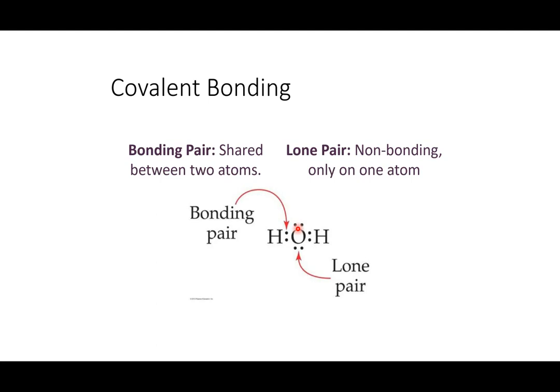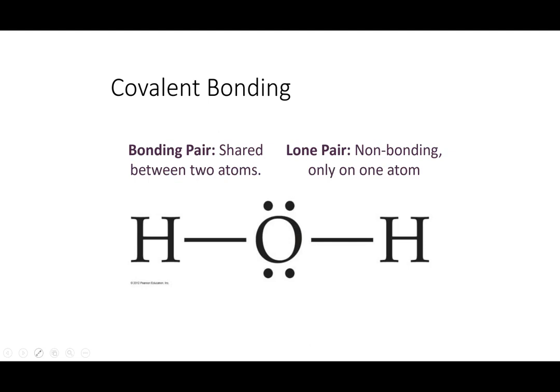We are lazy chemists, right? So very often, instead of drawing bonding pairs as dots, you will see chemists draw bonding pairs as lines. This line right here represents 2 electrons that are being shared.